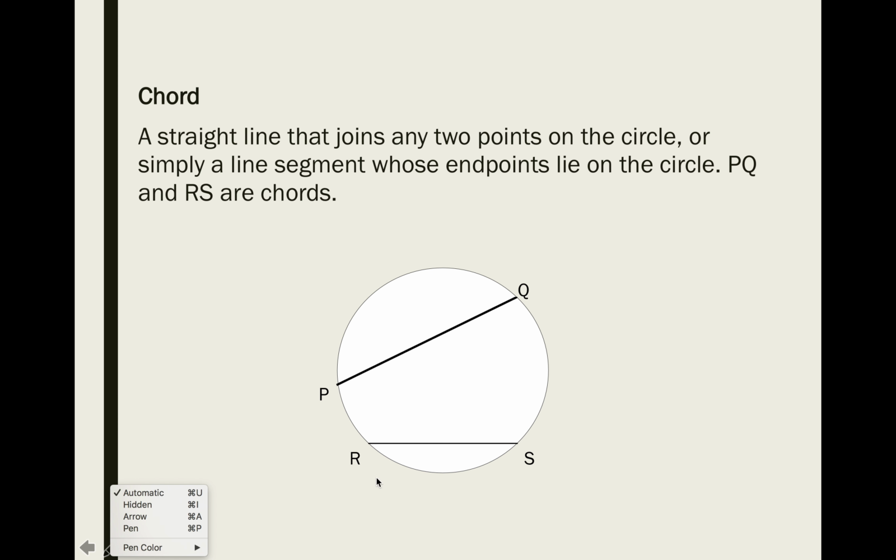If I could draw it straight, that could be a chord. That could be a chord. It doesn't matter. It could be something itty bitty tiny, and that is still considered a chord because it's one point here to one point there.